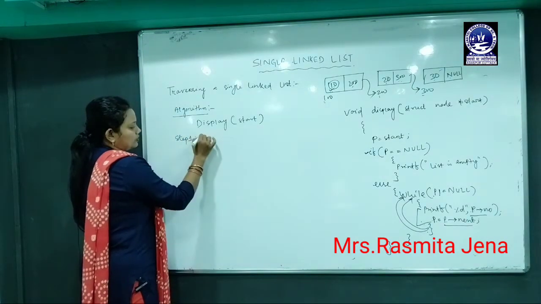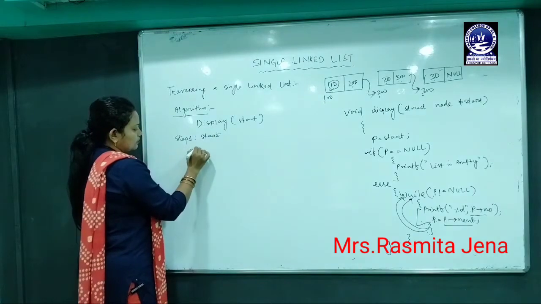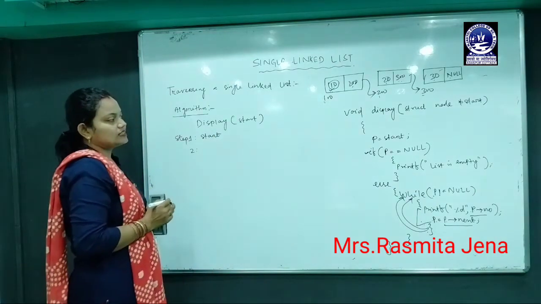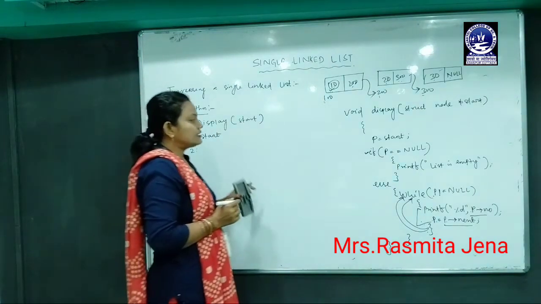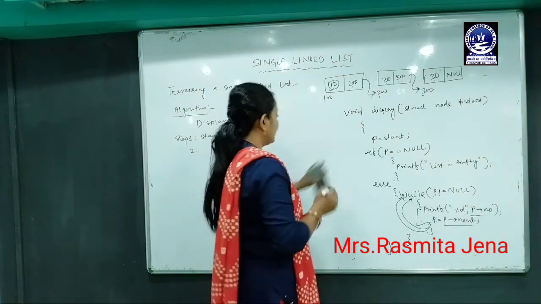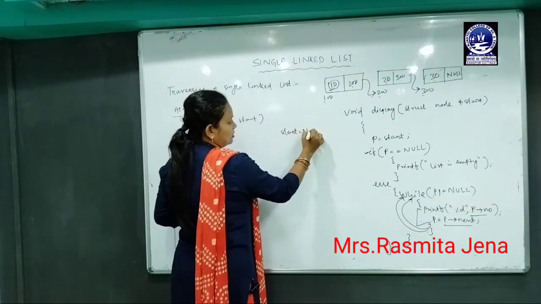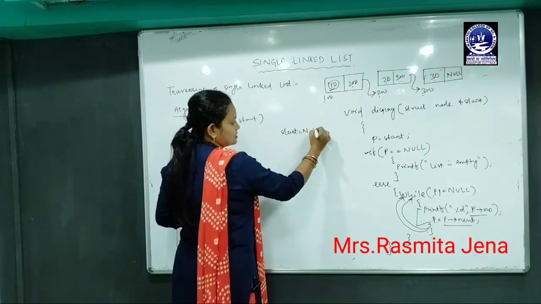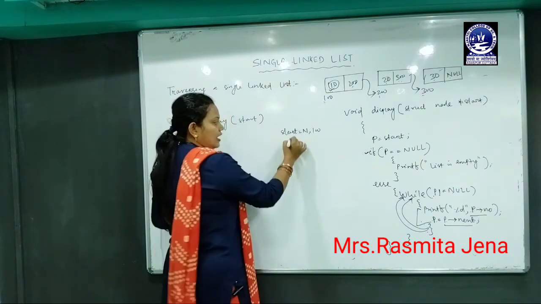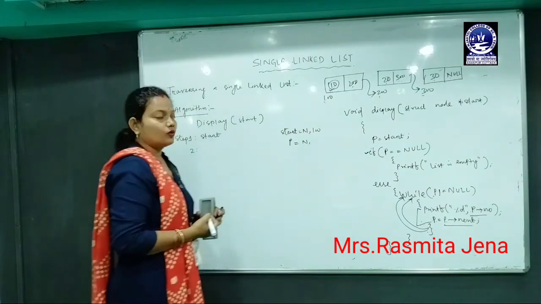In step 1, write the start keyword, which is the indication of the start of the algorithm. Then in the second step, we will set the start value to variable P. That means initially start contains null, and after creating the list it will contain 100, and P still contains null.